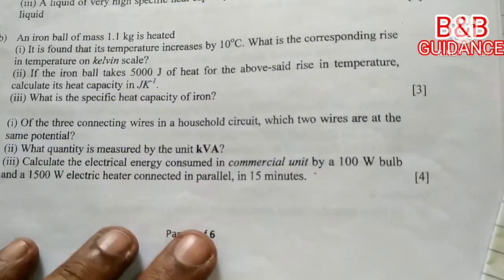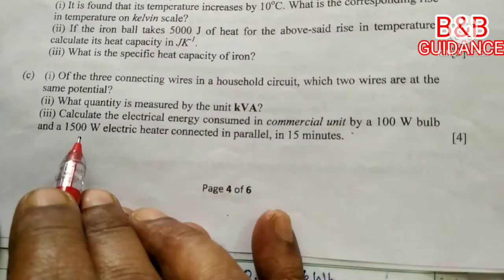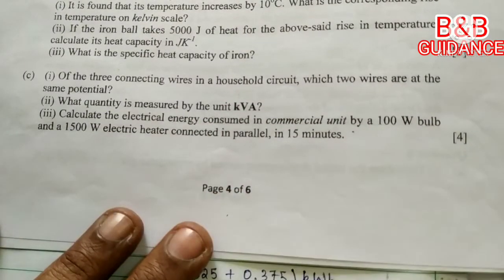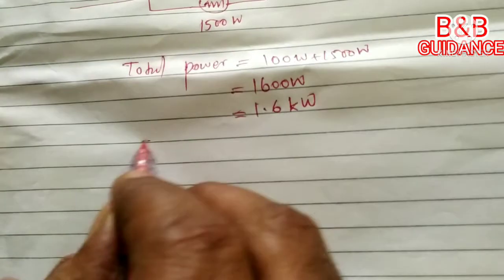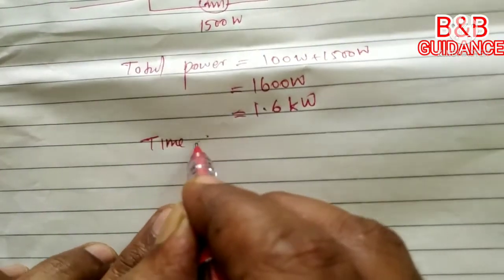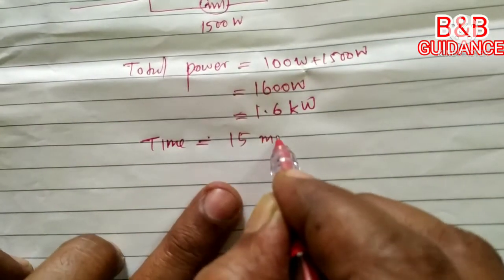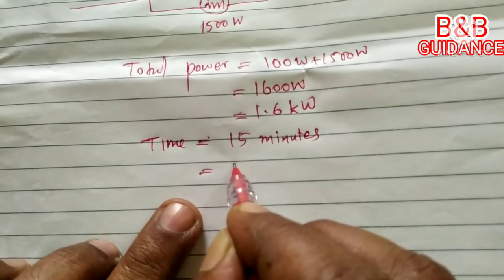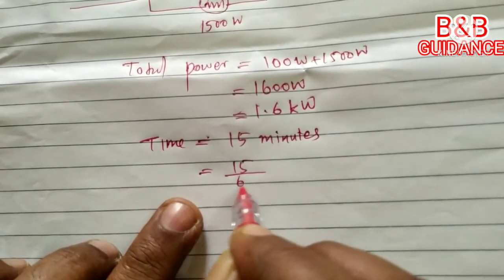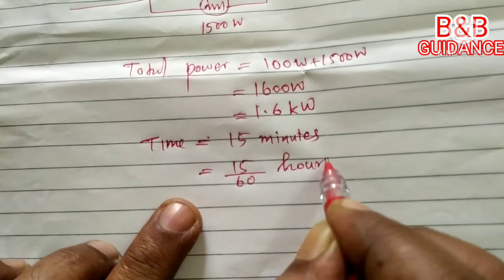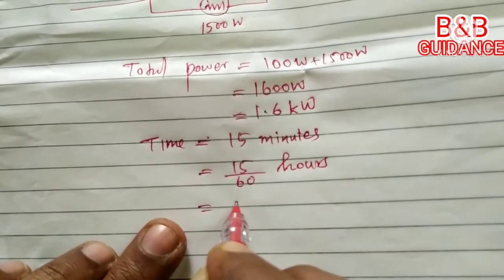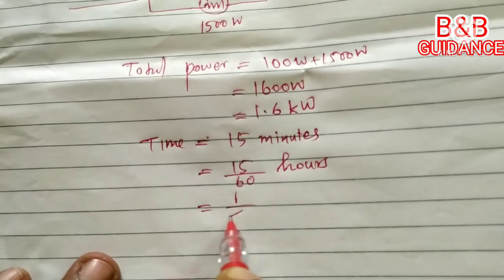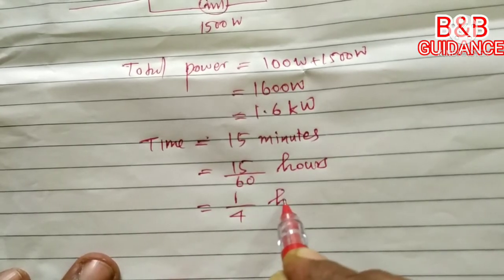So we need the response in kilowatt hour. Okay, time is given, 15 minutes. So time is equal to 15 minutes, that is nothing but 15 divided by 60 hours, that is 1/4 hours.